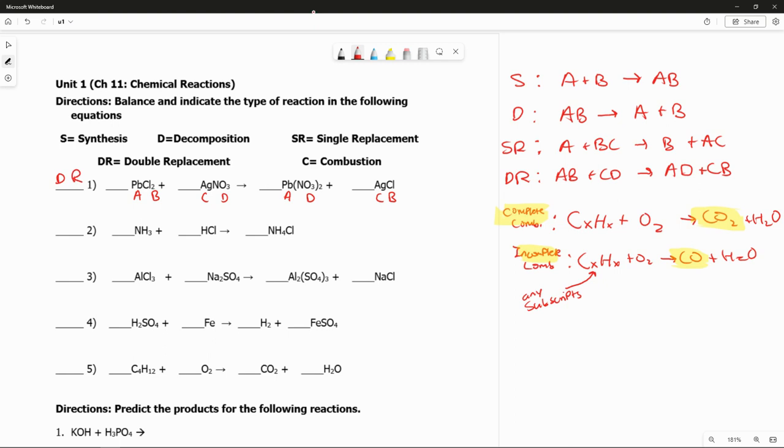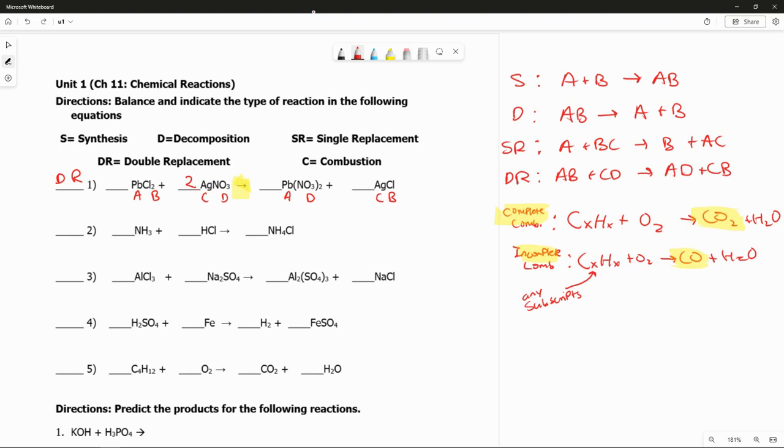All right, let's balance this. We look at where our arrow is and try to balance both sides, so we want equal amounts of everything. We have one Pb here, one Pb here. We have one NO3 on one side but NO3 times 2 on the other, so we multiply this side, which applies to Ag and NO3. Now we have 2 NO3 and 2 Ag, which matches the right-hand side.